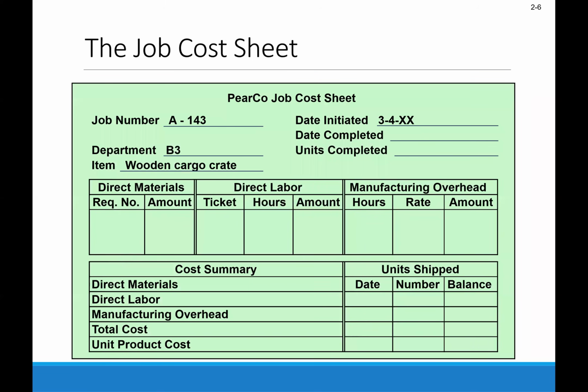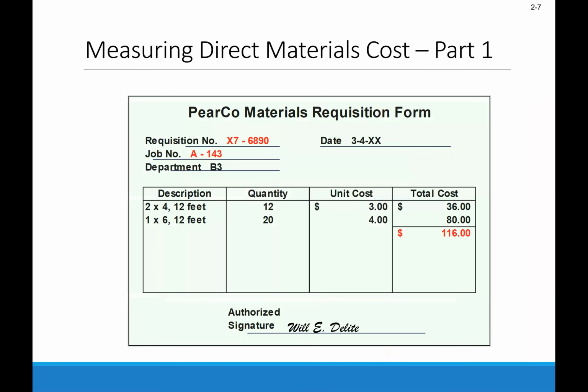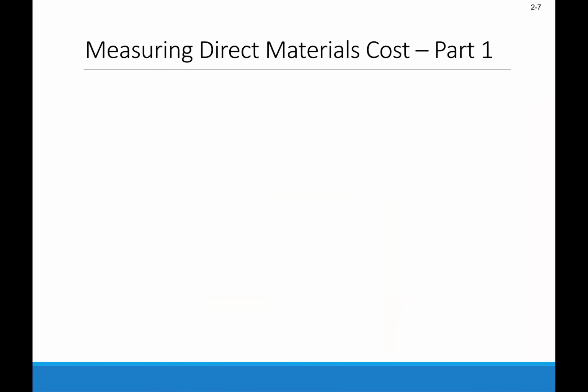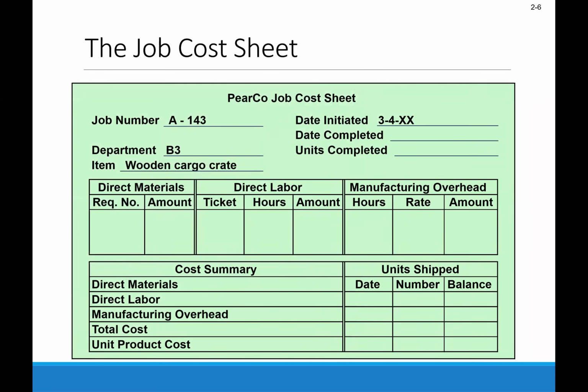So here we have a job cost sheet. The job cost sheet shows you what job it is, what the item is, and all the cost linked to this particular item.